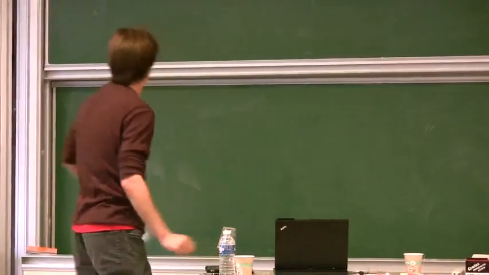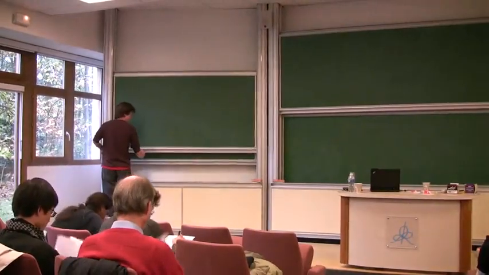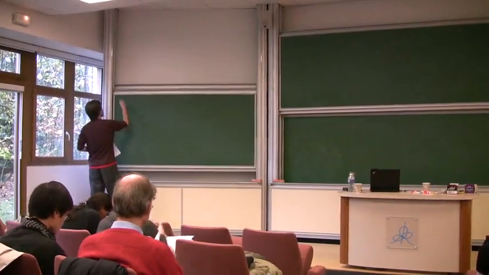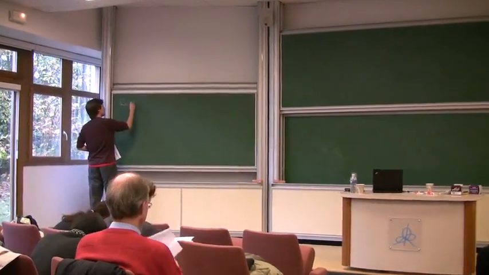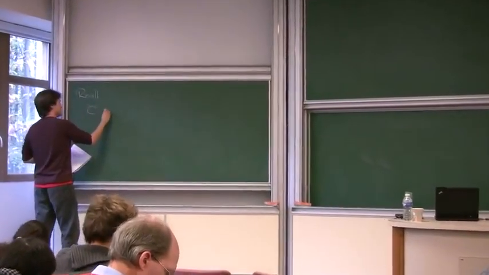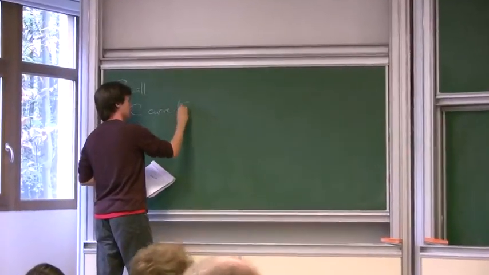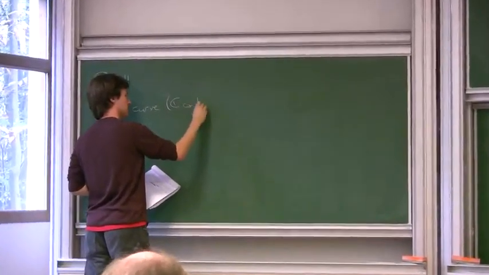Okay. So let me remind you where we were when we left off at the end of yesterday. We were looking at some relatively simple data. C was a compact complex curve.